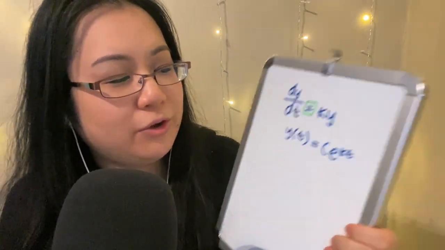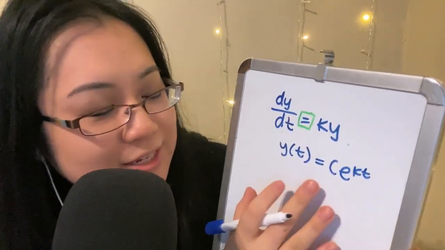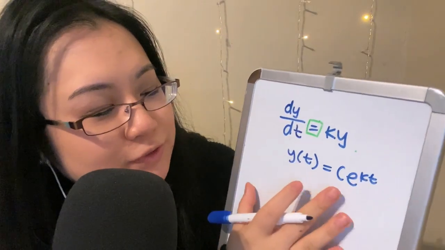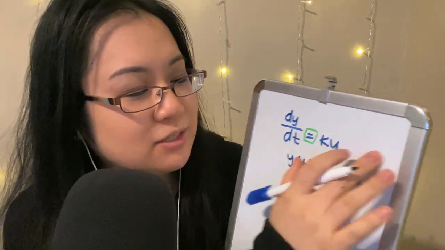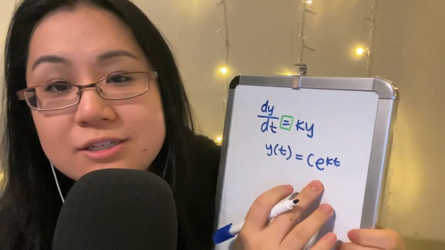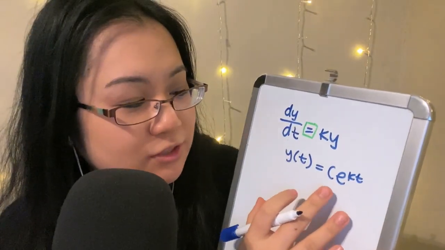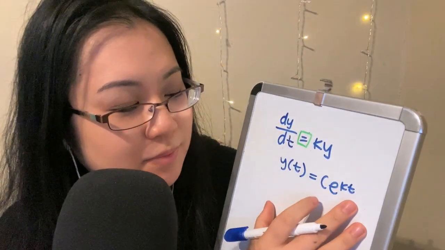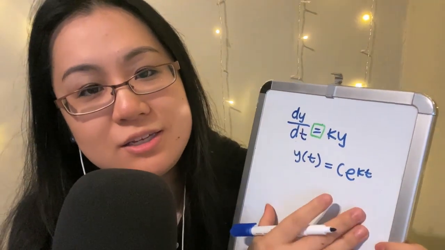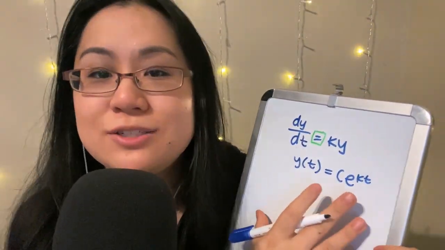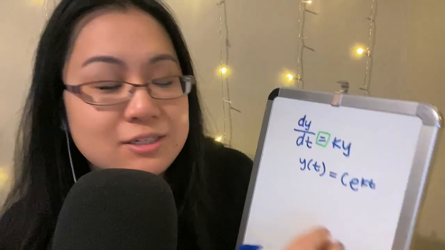Okay, so why is it that this is a solution? This is based on the fact that when you take the derivative of e to the t with respect to t, it is still e to the t.